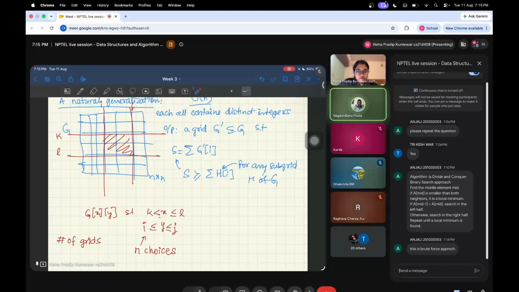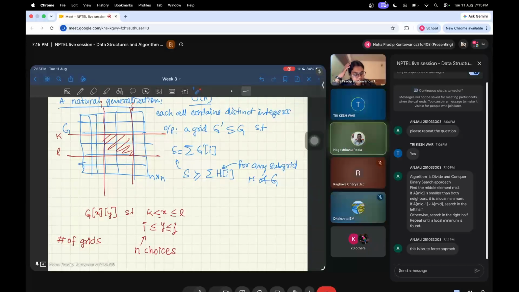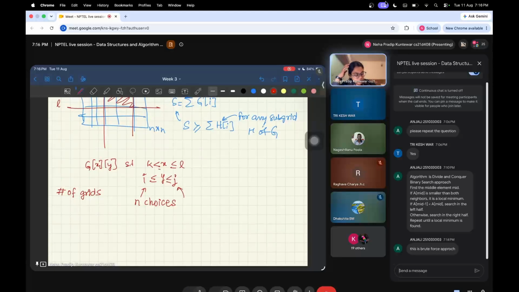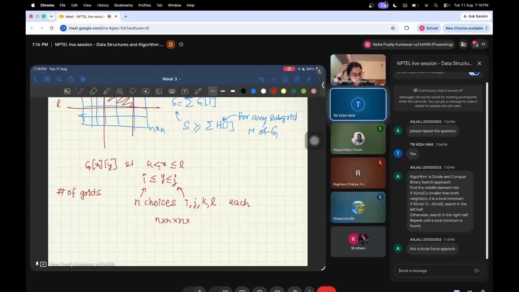This is n square, ma'am? Yeah, so you have n here and you have 4 possible choices, right? So n to the 4. Yes, ma'am, n to the power of 4. Yeah, so you have n choices for i, j, k and l each. So altogether you have n to the 4 possible grids.